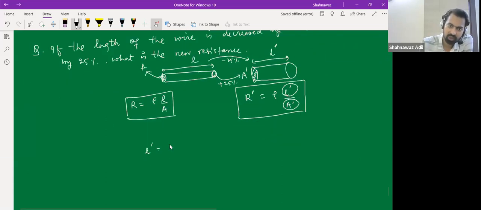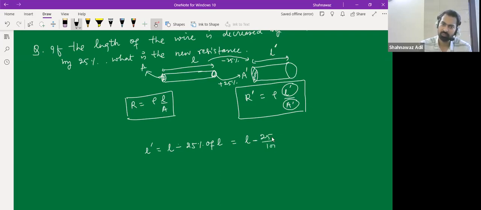So this was L, but decreased by 25% of L. So this is L minus 25 by 100 L. So this is 3L by 4.